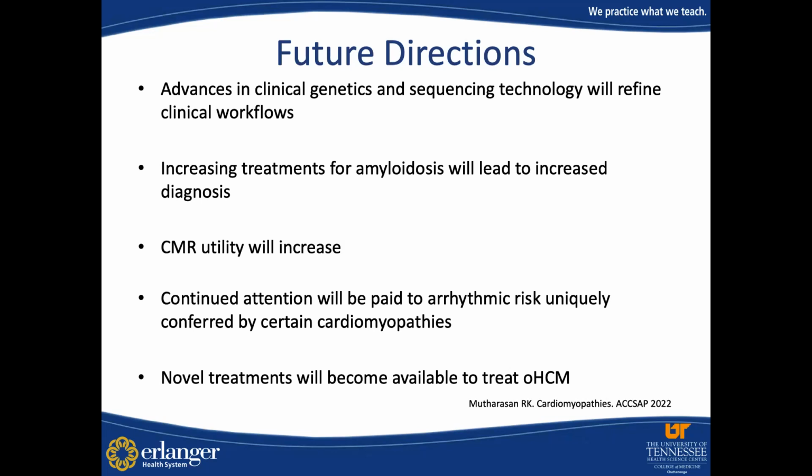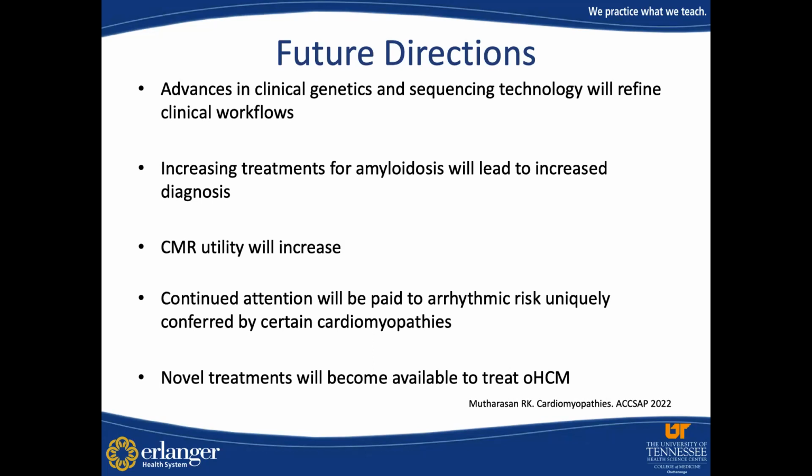So genetics are going to become more and more important. This is also true for all of our cardiomyopathies. Going back to amyloidosis and our restrictive cardiomyopathies, we have treatments now, so we're testing for it more. The prevalence and incidence are going to go up because we're finding it more, and it's actually a lot more common than we realized.